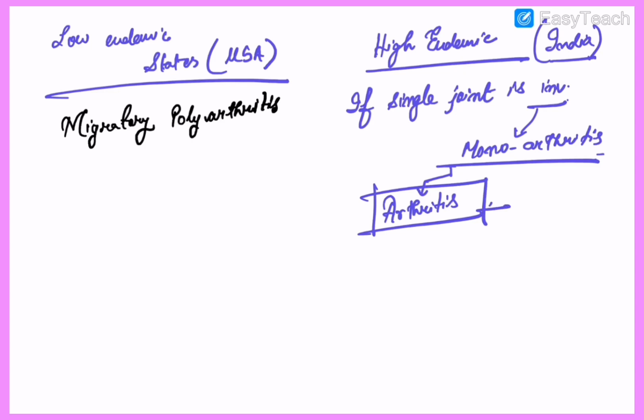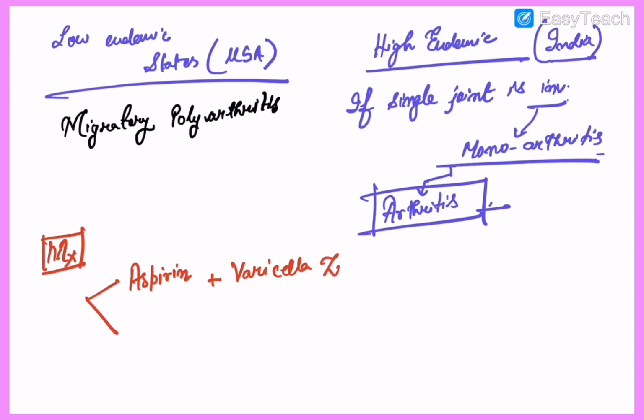Now the management part. How can we manage the arthritis? We have two regimens. One is aspirin plus varicella zoster virus.